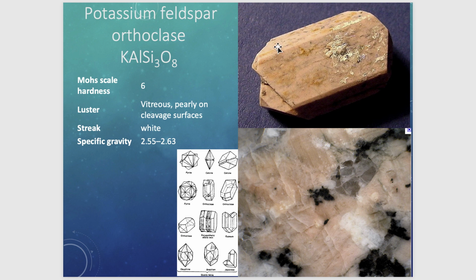So that's another way in which you can tell apart this feldspar compared to plagioclase, which is more gray in color and more transparent many times. So it does seem to be closer to quartz.